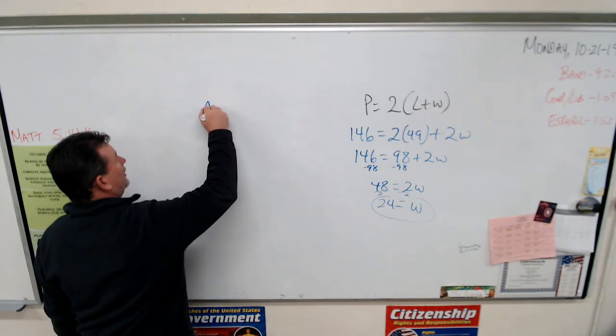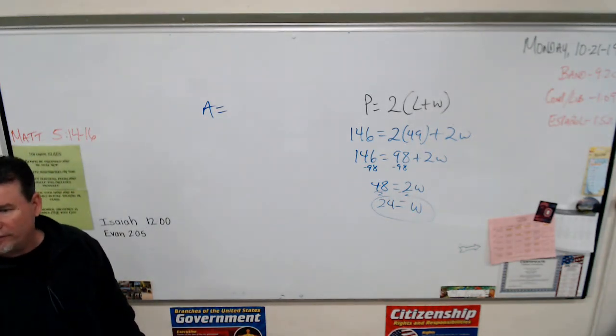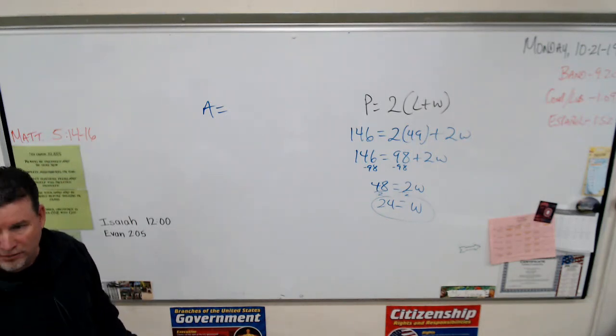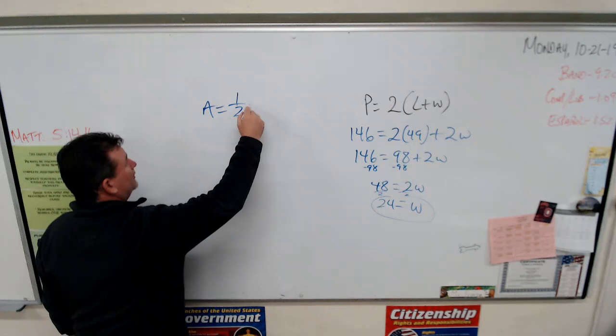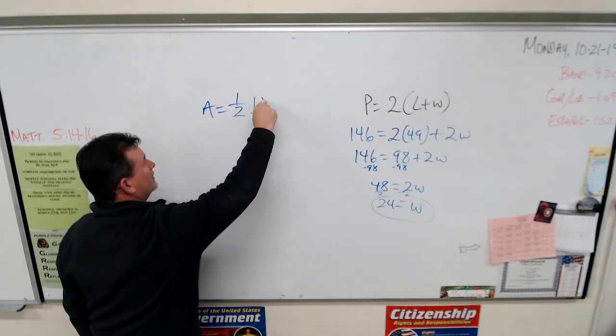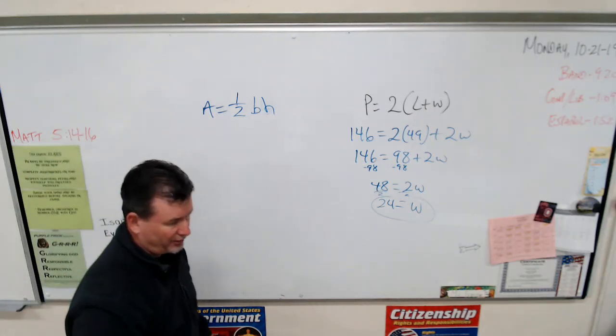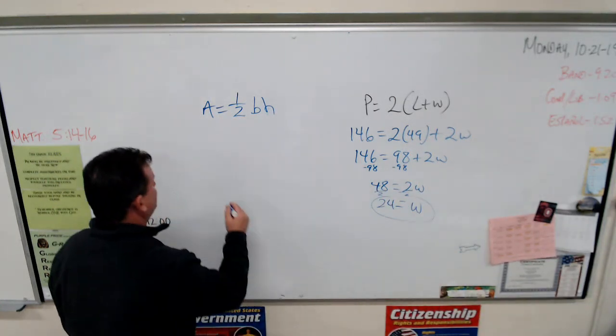Area of a triangle. You tell me from memory. Don't look. What's the area of a triangle? 1/2 BH. And when things are written next to each other, that means you're multiplying all those things together. They told us that the area was 36, and they told us the height was 8.